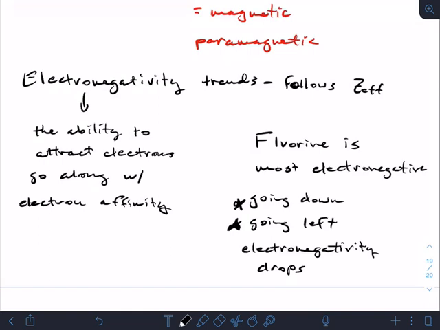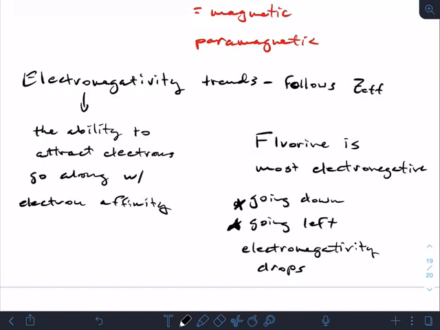If electronegativity is the ability to attract electrons, it makes sense that fluorine would be the most electronegative. On the other side of the table, down by cesium and rubidium, those guys have a Z effective of 1, and they're super big. So they're not going to be able to pull electrons in very well because they're so large.